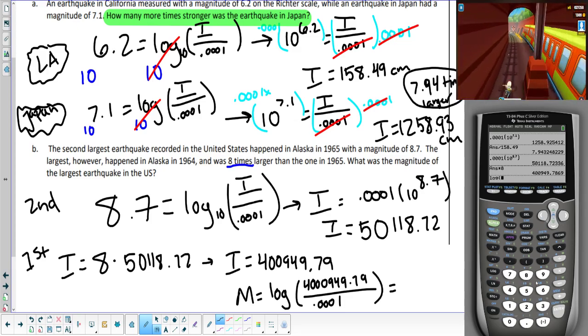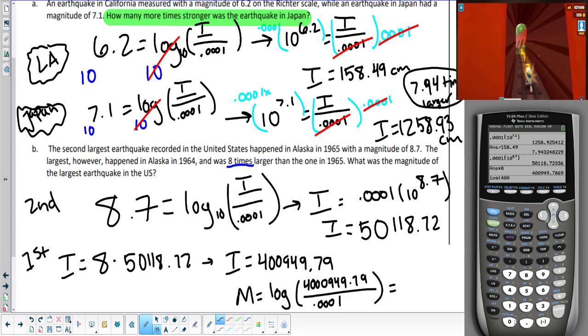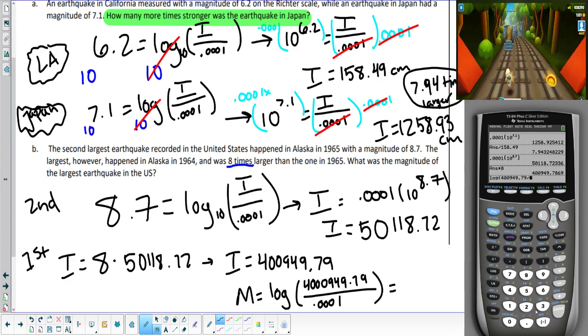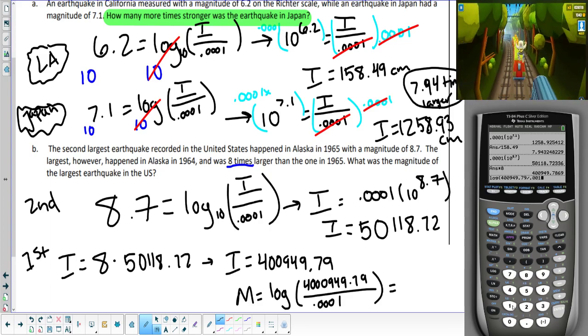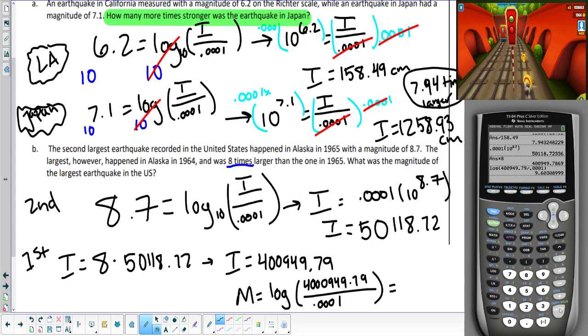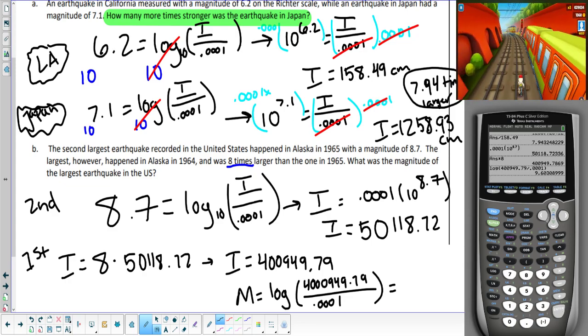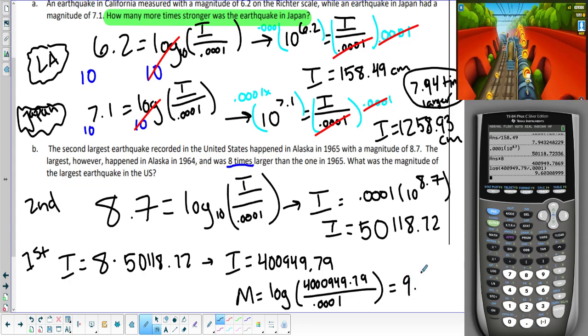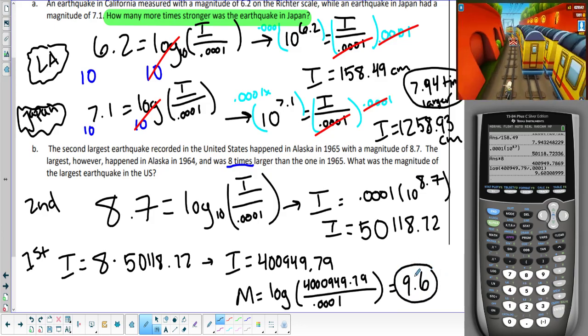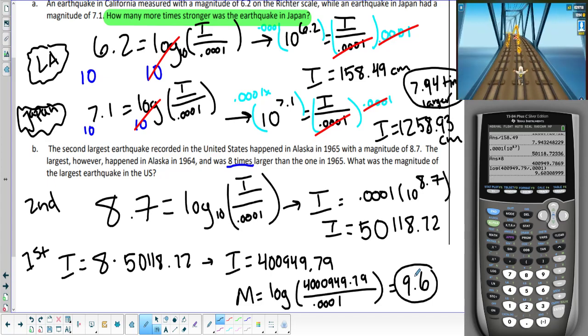So log of 40,949.79 divided by 0.0001 is a 9.6 earthquake. Wow, 9.6 magnitude earthquake.